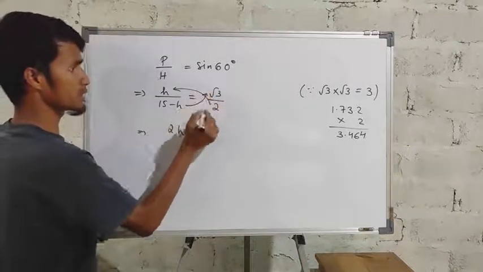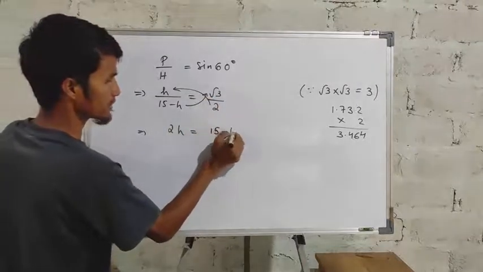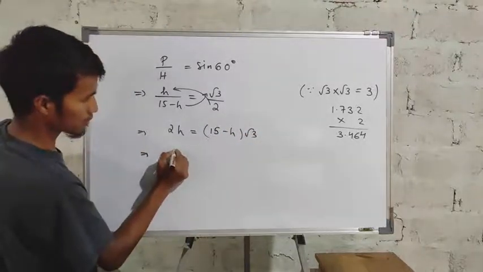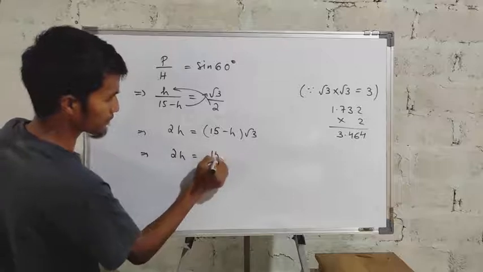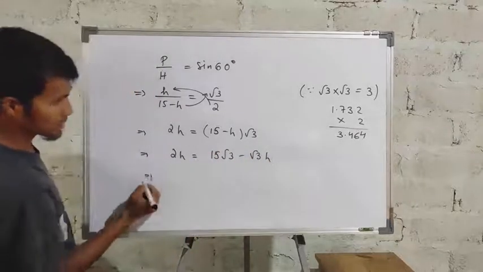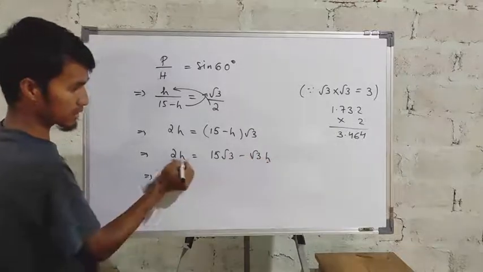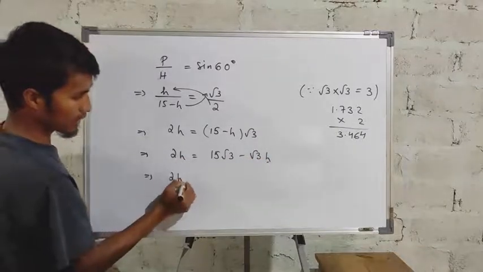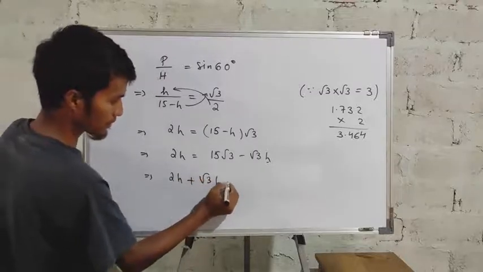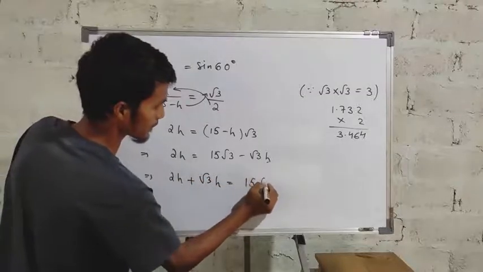Then 15 minus h into root 3. And here 2h is equal to 15 root 3 minus root 3h. Then take this h this side. Then 2h, this is minus, will come to plus root 3h, which is equal to 15 root 3.